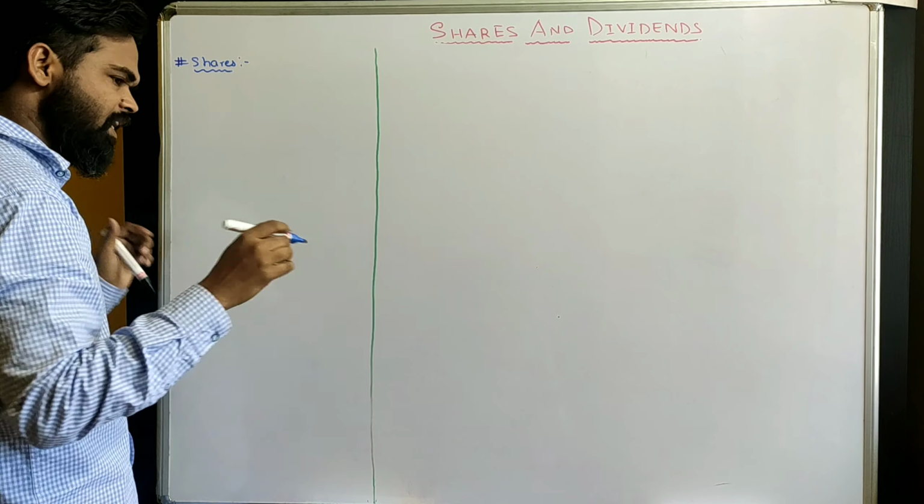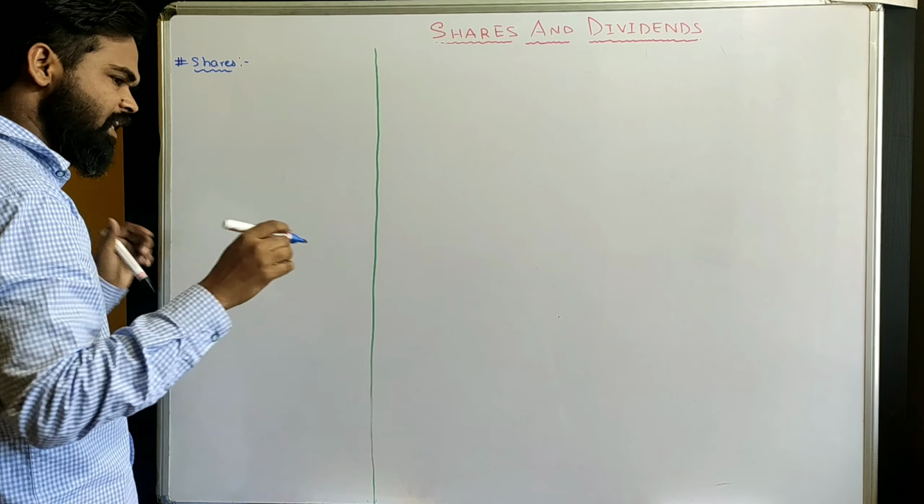Now look at this carefully. RD percent of nominal value, which is 9% of nominal value, that is rupees 9, will be equal to PR percent, that is 7.5% of market value, 7.5% of rupees 120, which gives you 9.